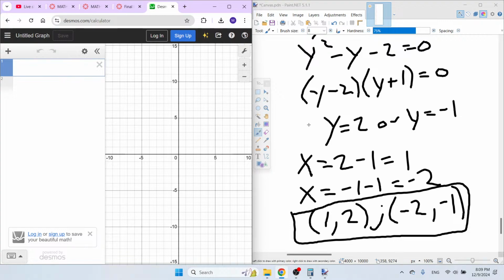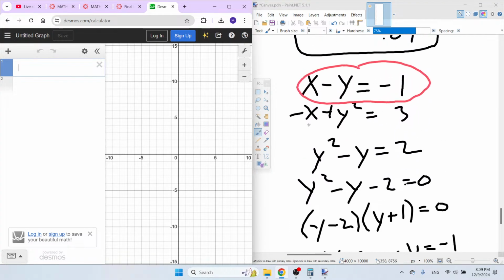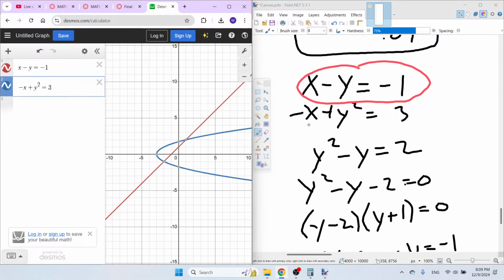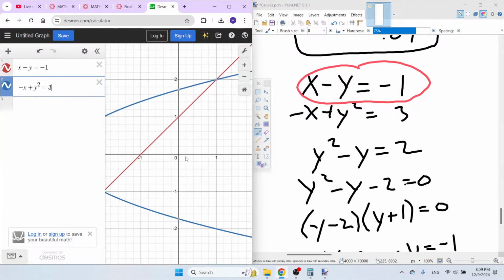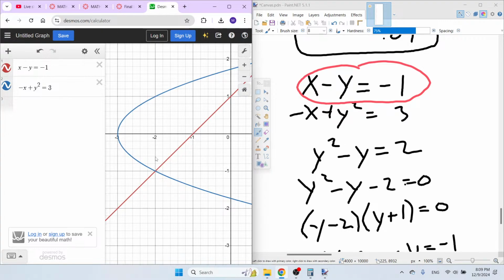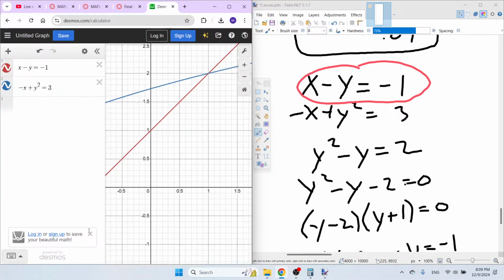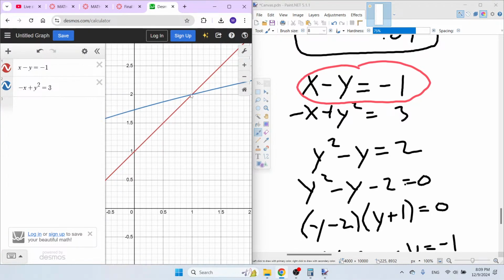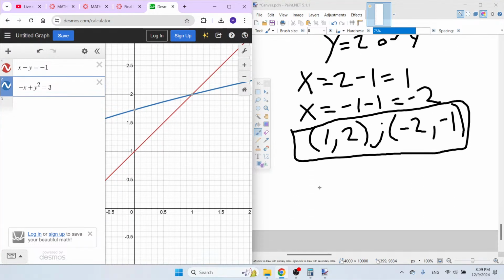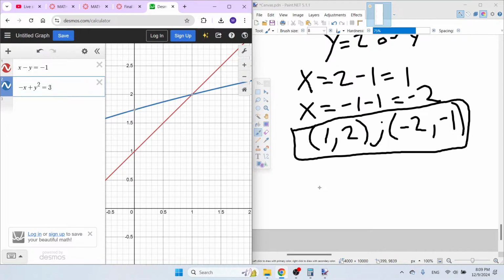So we have our two equations: x minus y equals -1, and negative x plus y squared equals 3. Hey, look. -2, -1, and 1, 2. Those are exactly the points that we said that they would be.